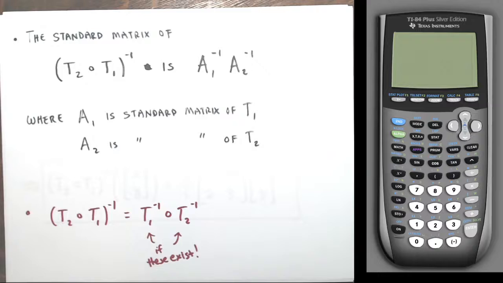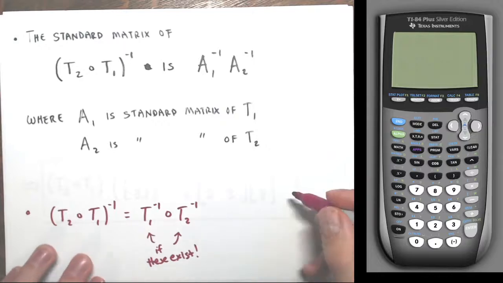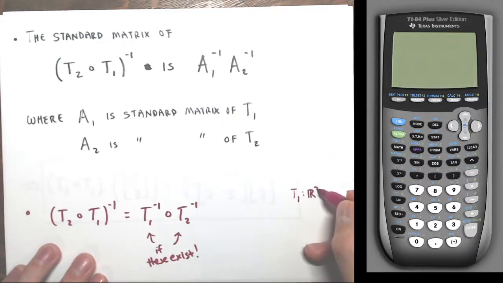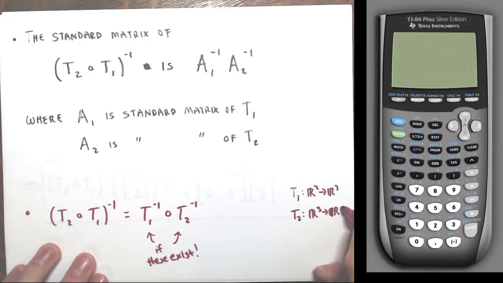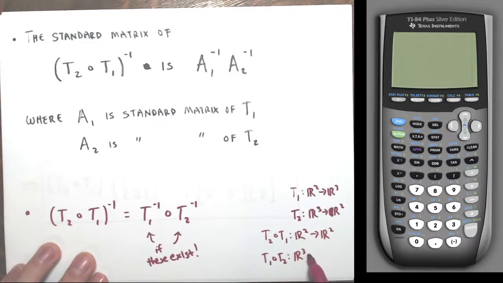You can have invertible compositions where the two transformations themselves are not invertible. Like I could have T1 going from R2 to R3, and then T2 going from R3 to R2. Then you see that T2 composed with T1 would be a transformation from R2 to R2, and T1 composed with T2 would be a function from R3 to R3.